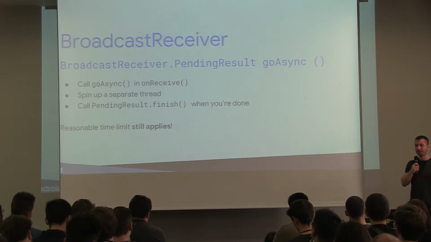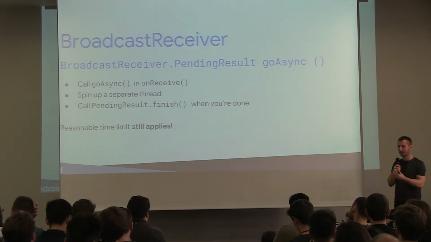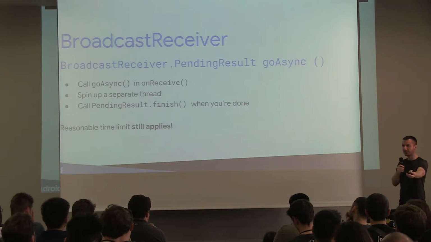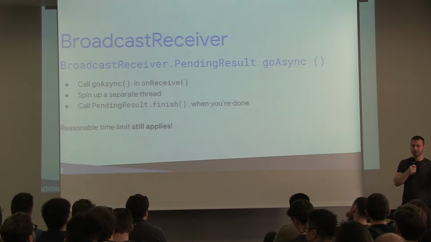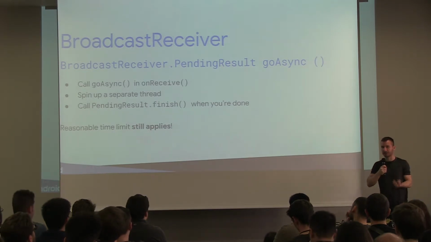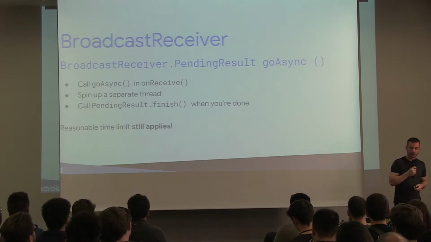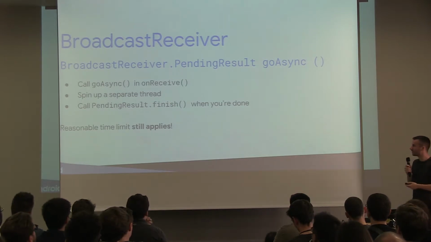Let's say you get a GCM message that says you have new messages, but you didn't actually put the message in the FCM message. So you have to connect to your server, download the message for your app, and then show it as a notification. Well, that's network access, so it's too long. I can't do it. So the solution is use goAsync.